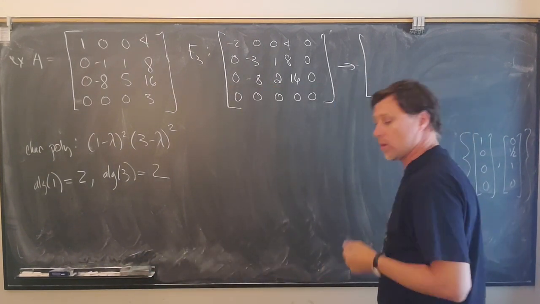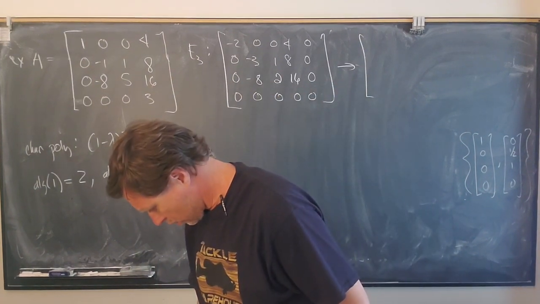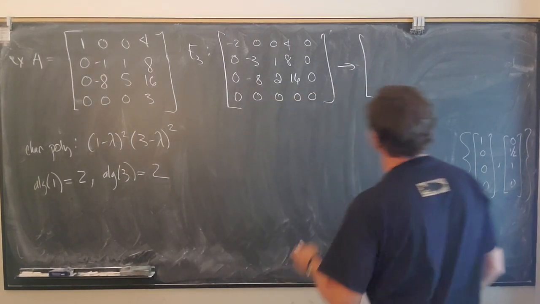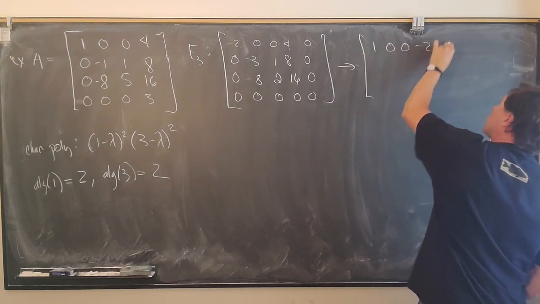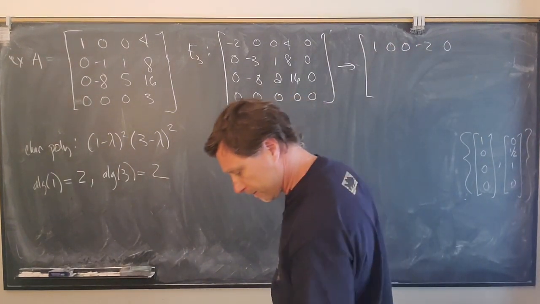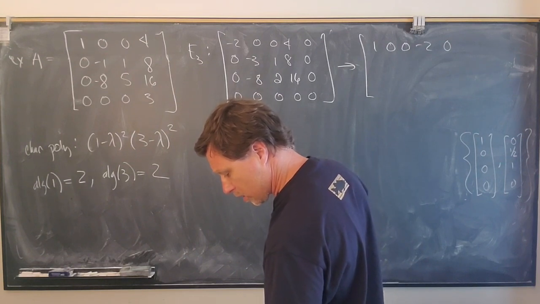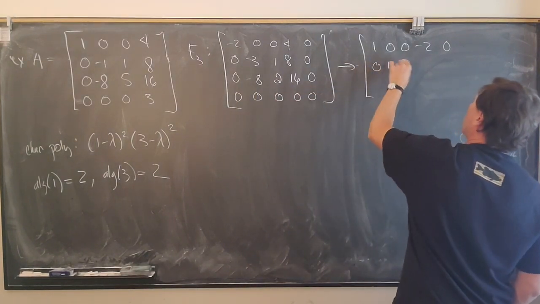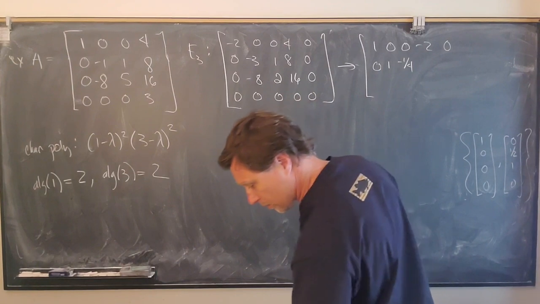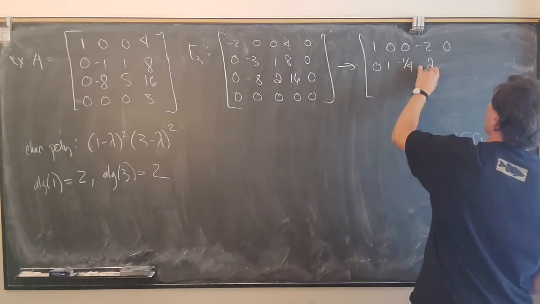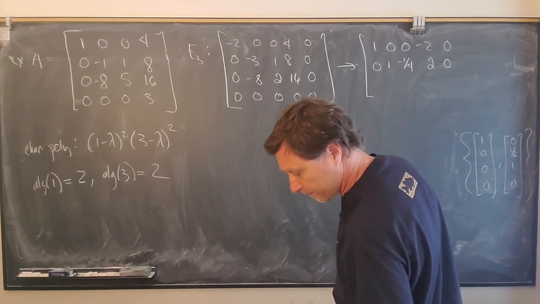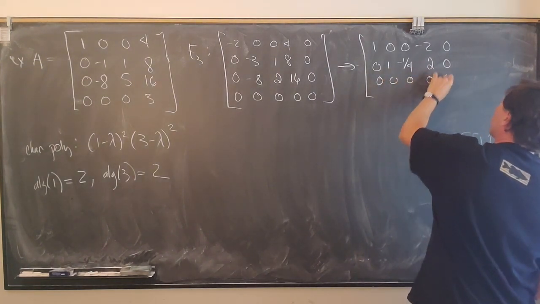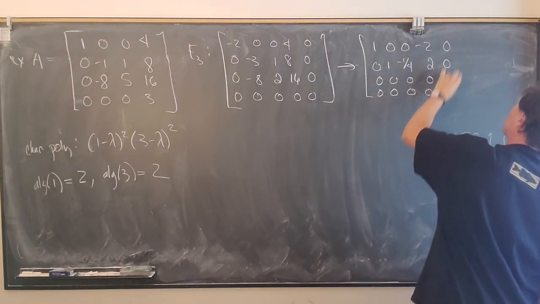So if you do the row operations, it comes out like this: 1, 0, 0, -2; 0, 1, -1/4, 2; and then 2 rows of 0.